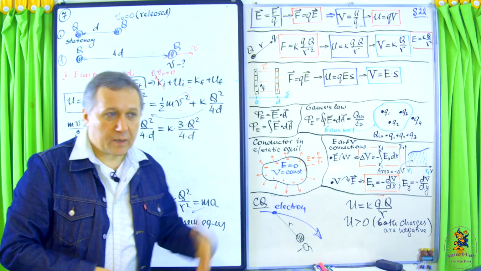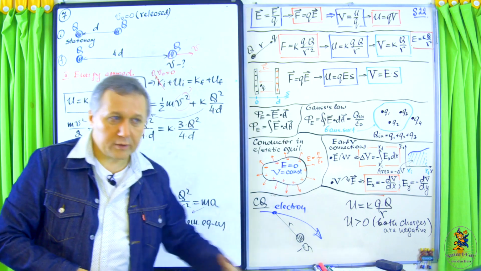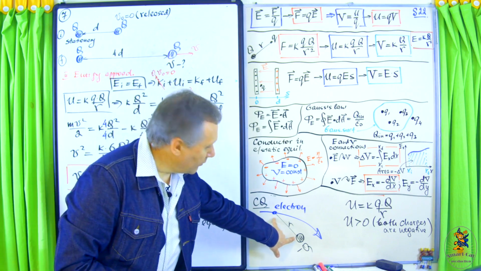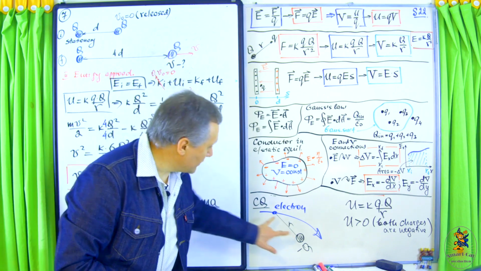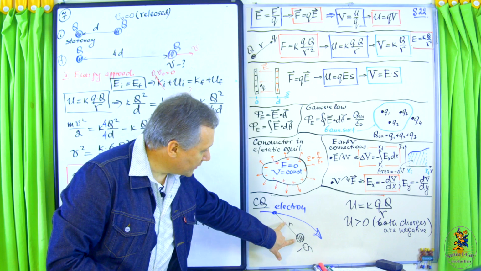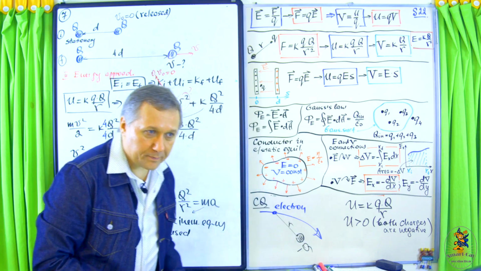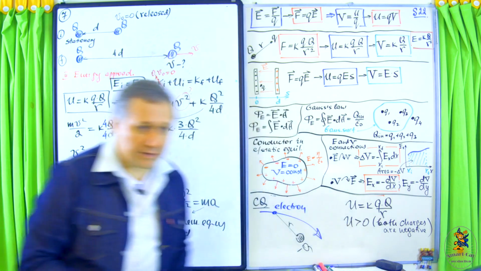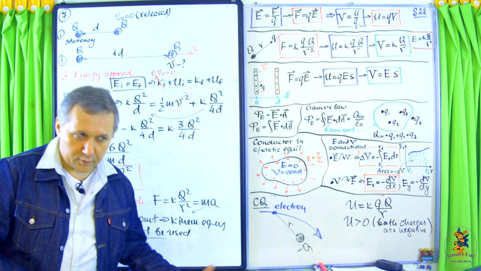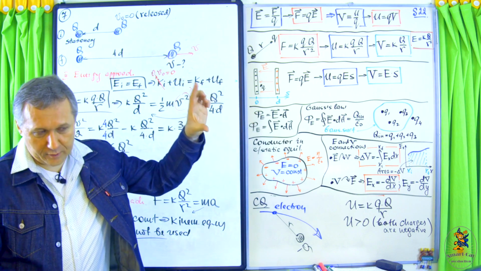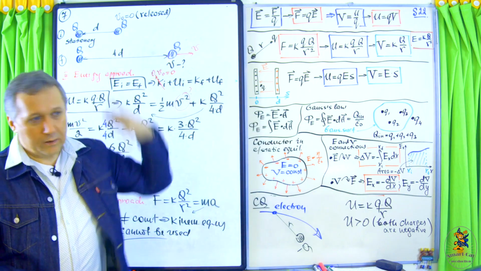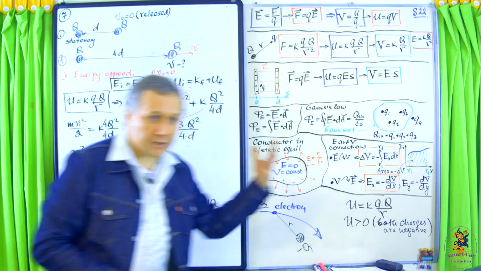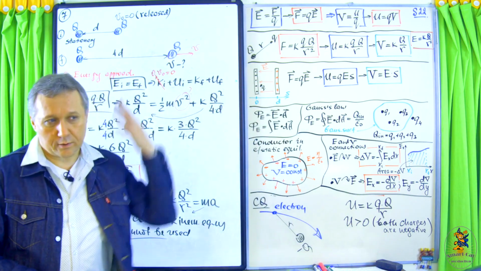And then we need to see what happens in time. Is it growing? Is it going down? As the electron flies this way, r is getting smaller and smaller. Since r is in the denominator, potential energy is, of course, growing. The denominator is getting smaller, the function is growing, and since it's positive, potential energy is positive and constantly growing.